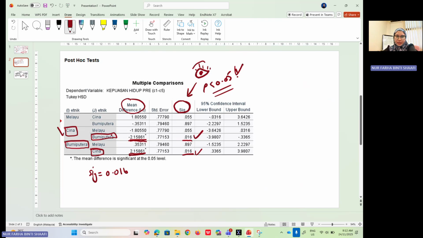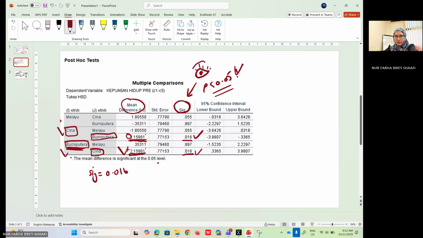So Chinese ethnicity have a lower life satisfaction than Bumiputra with a mean difference of 2.16. What about the bottom one? The bottom one says that Bumiputra ethnicities have higher life satisfaction than the Chinese ethnicities with a mean difference of 2.16. Bumiputra higher because here is positive. Chinese lower because here is negative.